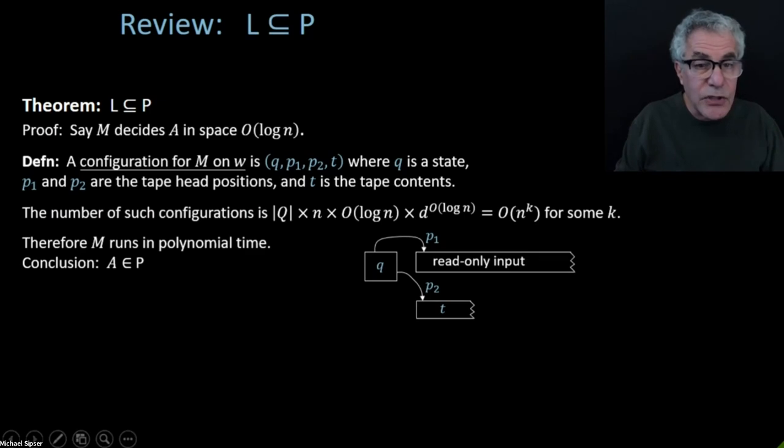Somebody asked me a question: which is harder, P versus NP or L versus NL? Completely no idea.